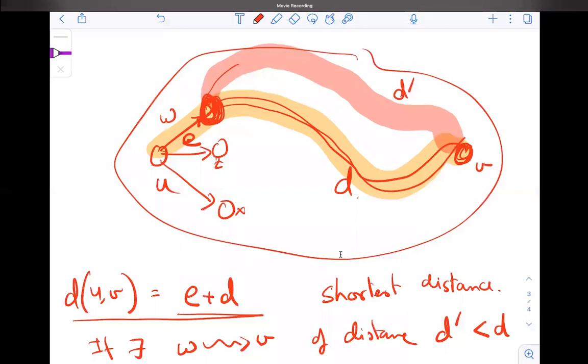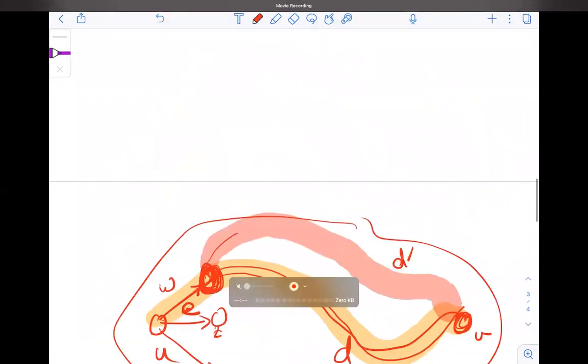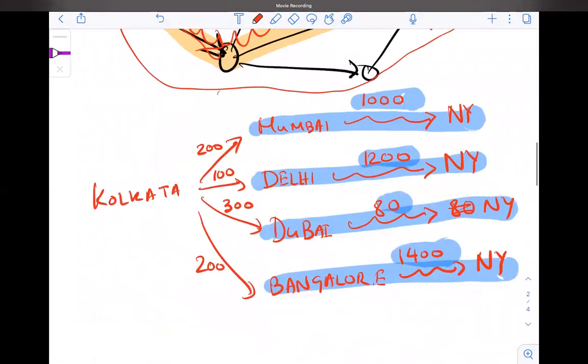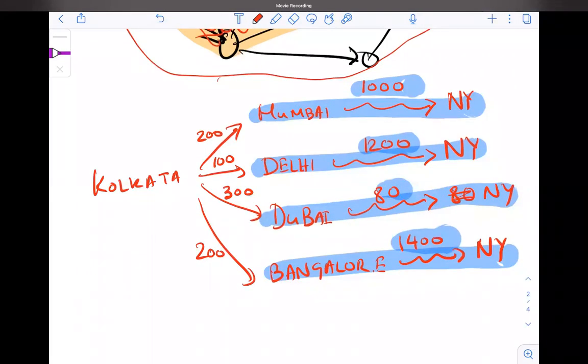Say, for example, think of this graph. The person who is computing the shortest distance from Mumbai to New York is possibly also solving the shortest distance from Dubai to New York.